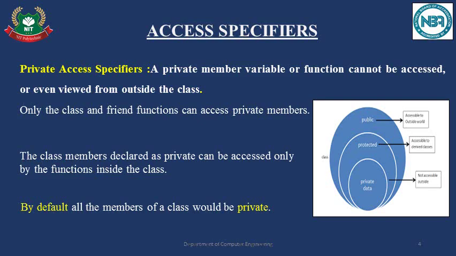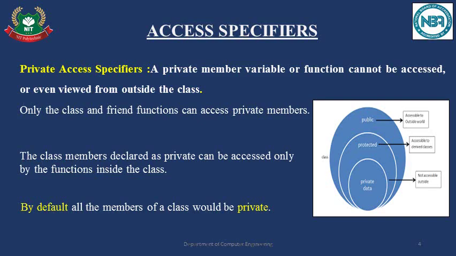The class members declared as private can be accessed only by the functions inside the class. Similarly, if we define member functions as private, then they can only be accessed by the other member functions within that same class.